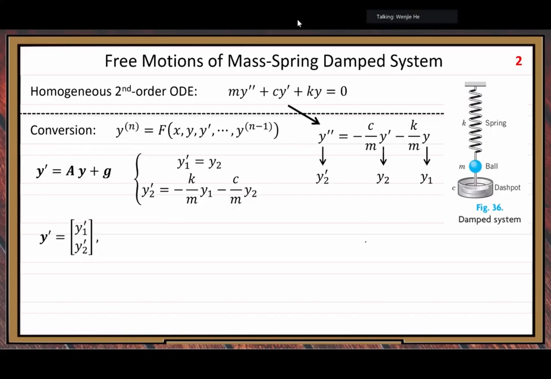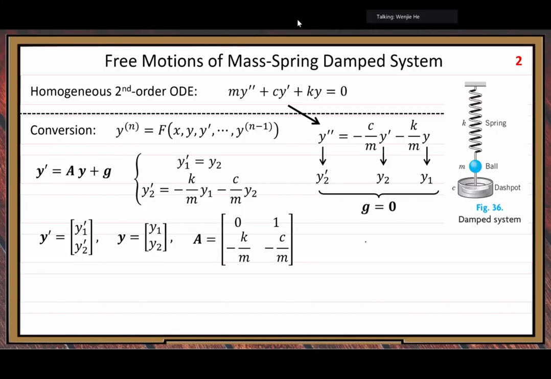All right. The meaning of the symbol: capital A corresponds to this equation, the four coefficients, a 2 by 2 matrix. Then G. Because this equation is homogeneous, the right-hand side is the G function part.